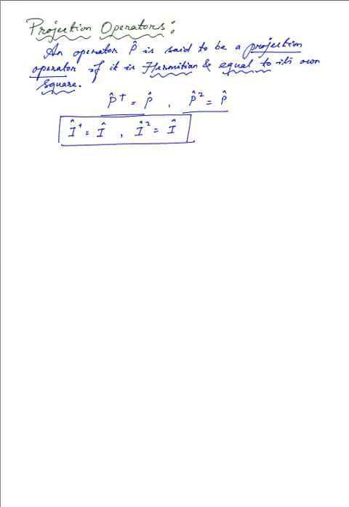Now there are some properties of projection operators, the first being that the product of two commuting projection operators, let us say P1 and P2, is also a projection operator, because these are two commuting projection operators.